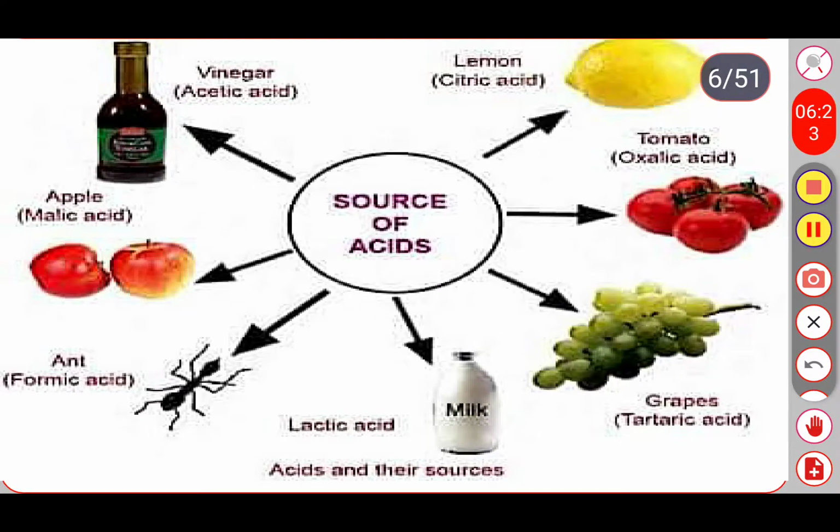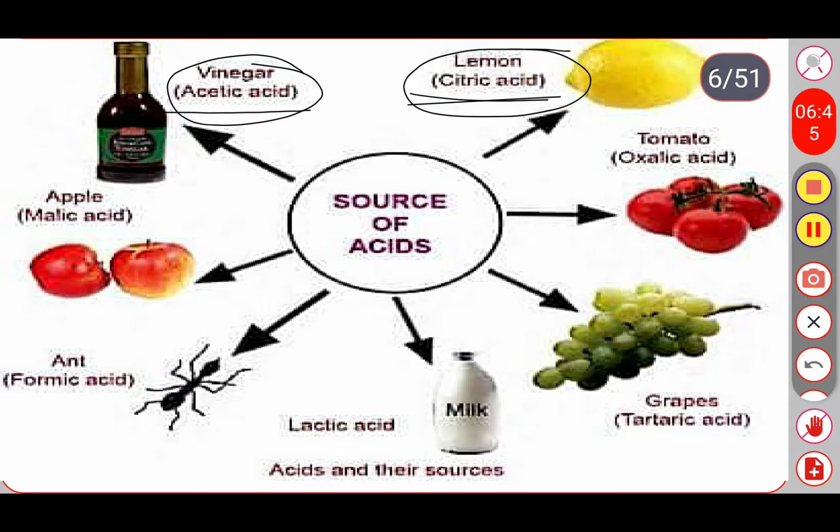Here are some examples. The first one is vinegar. Vinegar is one type of acid; in vinegar we have acetic acid. Lemon is also a source of acids; in lemon we have citric acid. Next, tomato is the best source of oxalic acid.